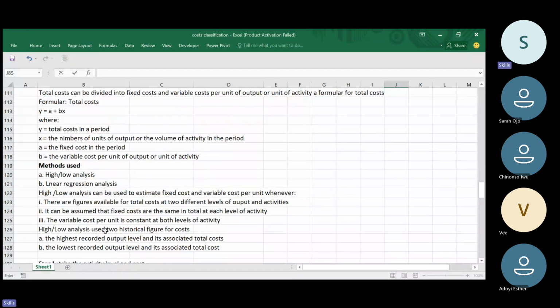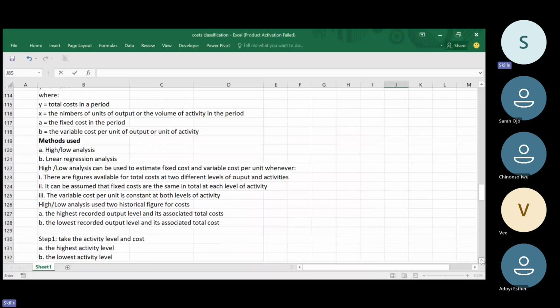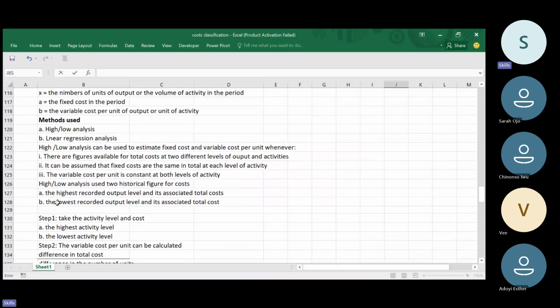The high and low analysis uses two historical figures for cost. One, the highest recorded output level and its associated total cost.